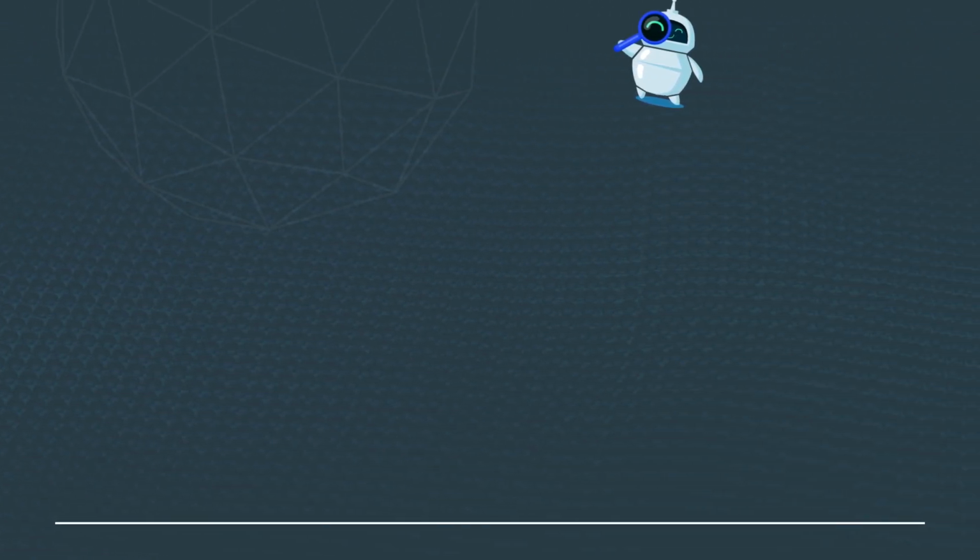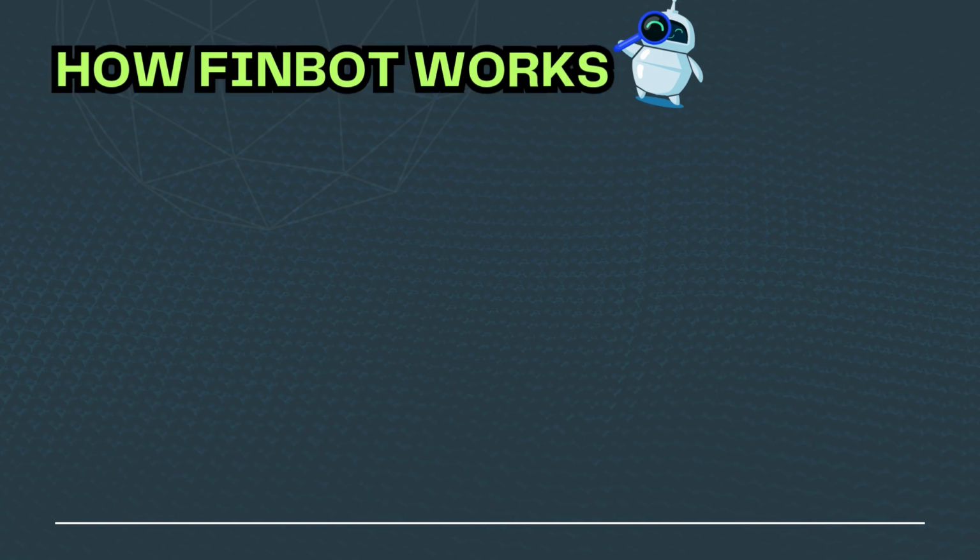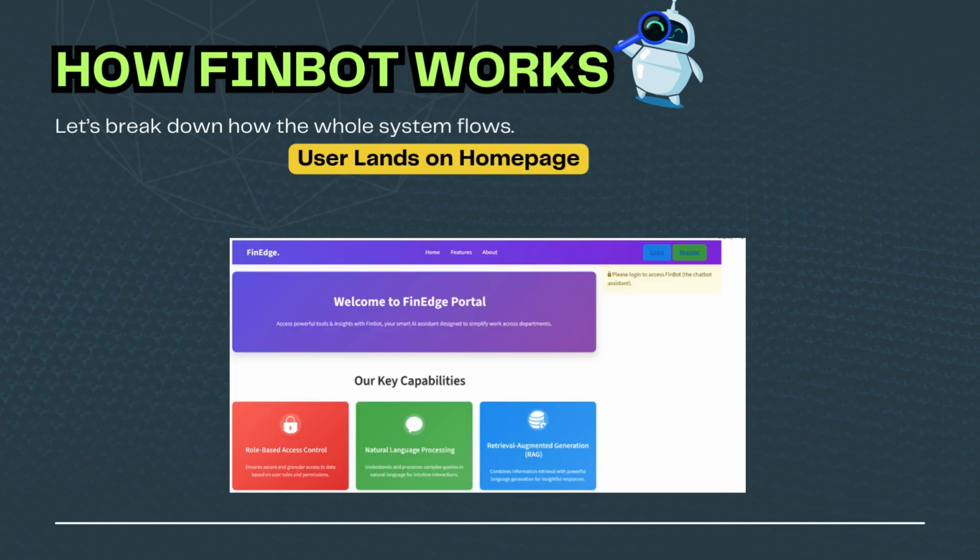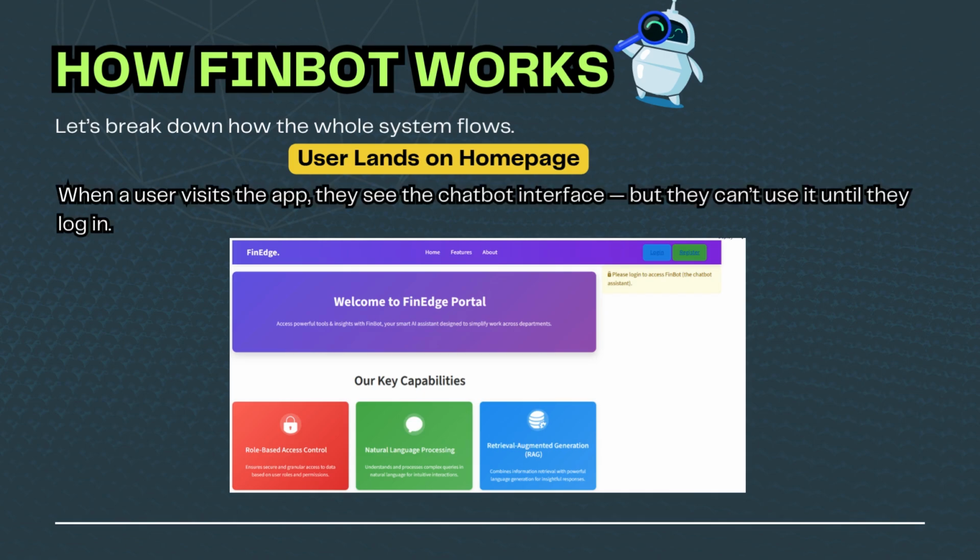Now, after seeing the tools and tech, let's see how our FinBot works step by step. Let's break down how the whole system flows. First, the user lands on the home page. When a user visits the app, they see the chatbot interface, but they can't use it until they log in.